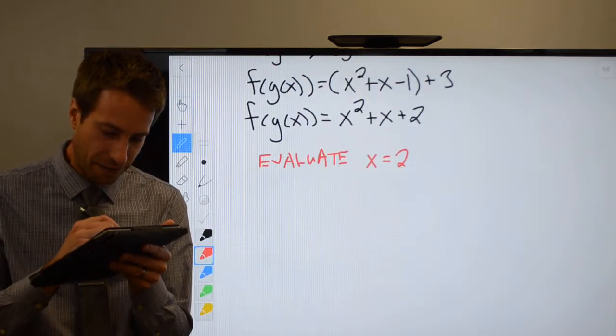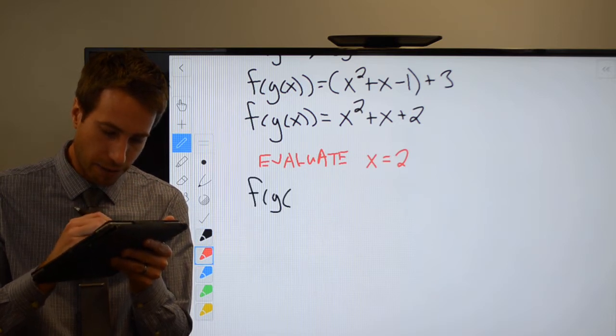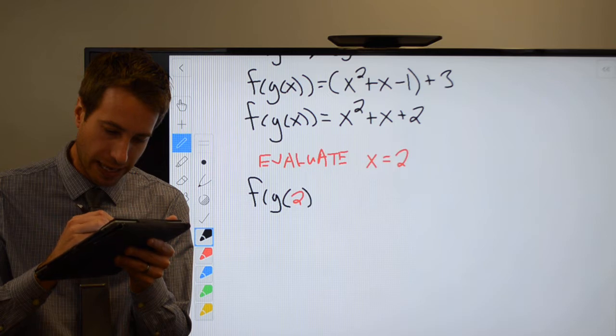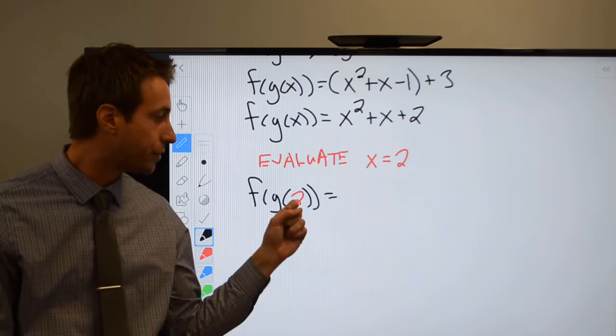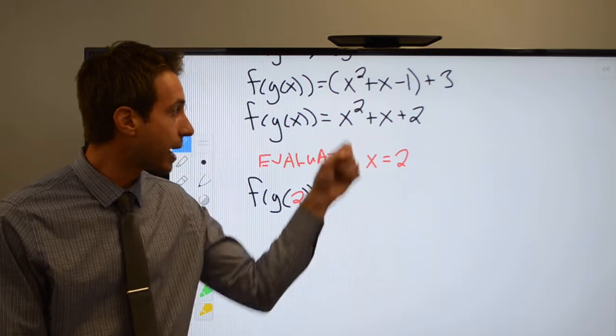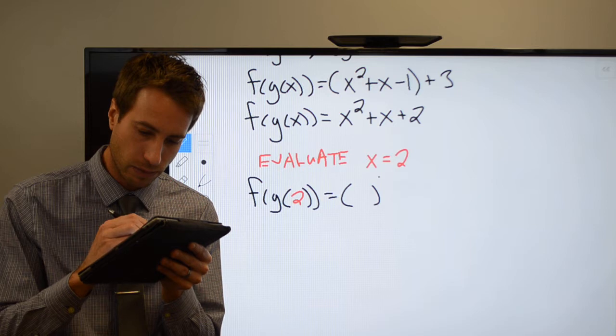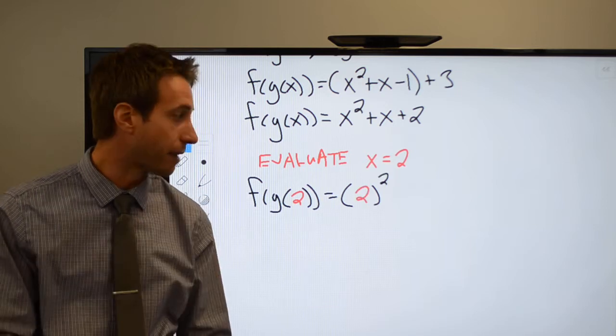So I have f of g of 2, right? Because I'm going to plug in a domain value of 2 everywhere I have an x. Well, we can do that. There's an x right there, so that's going to become a 2. So there's my first domain value, right?